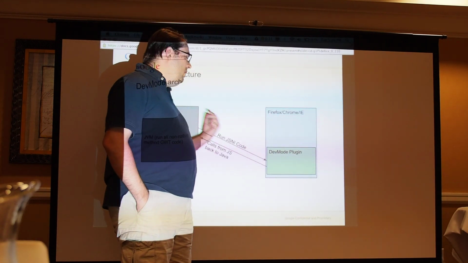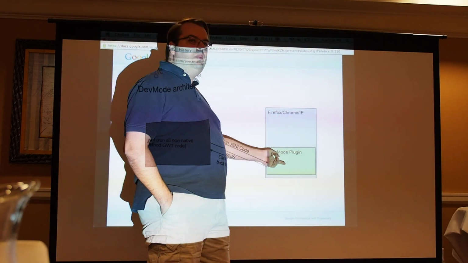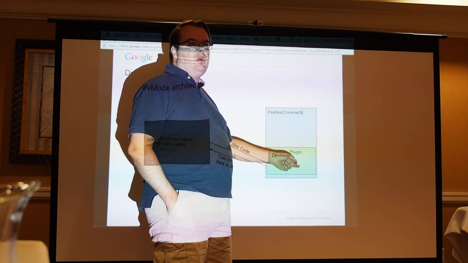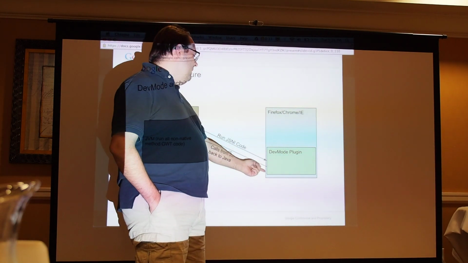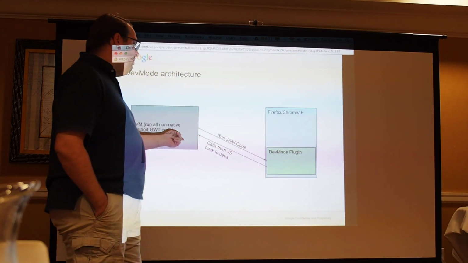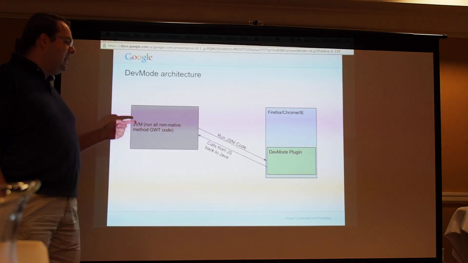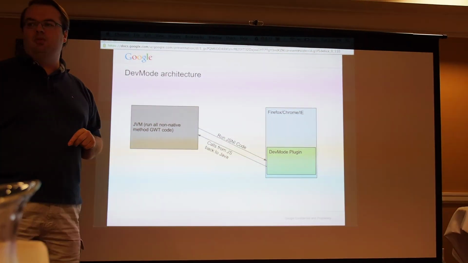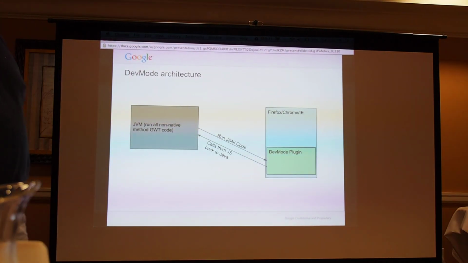And then it gets back a return result. Sometimes the JavaScript actually wants to make a call from JavaScript to Java, in which case there's a message sent back from the Dev Mode plugin to the JVM, which says, I want to invoke this Java method that's running inside the JVM. So that's basically how it works at a high level. Of course, there's a lot of black magic that happens in there, a lot of weirdo class bytecode rewriting stuff that I don't like to mess around with.